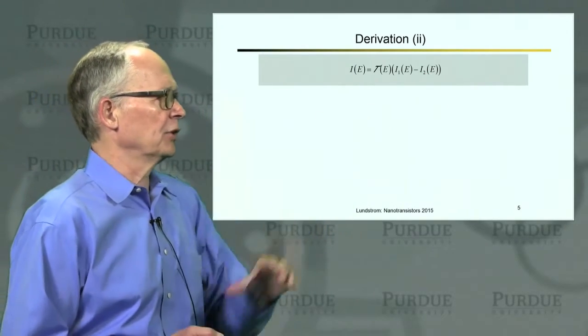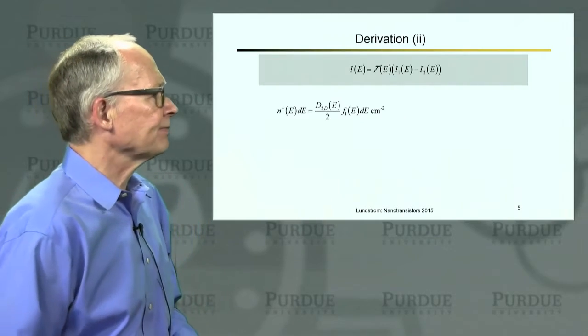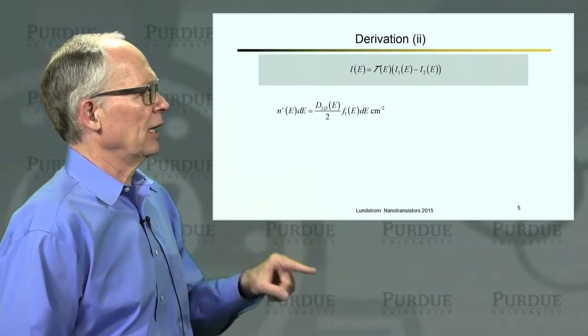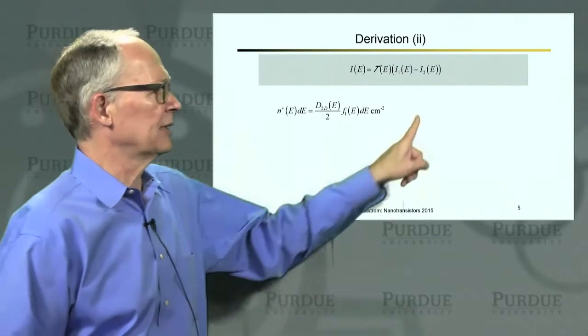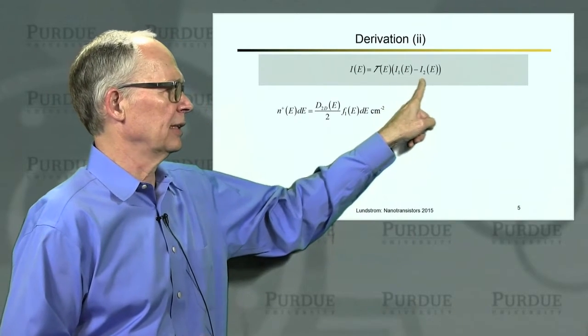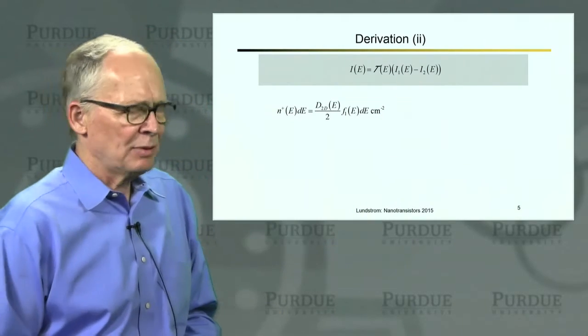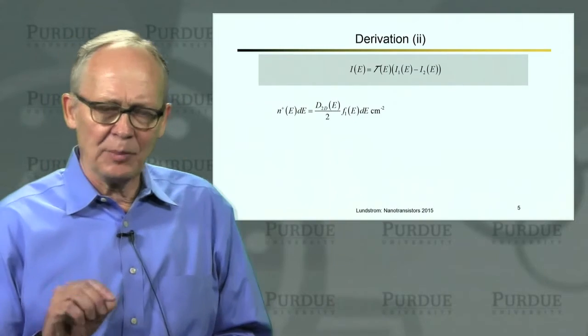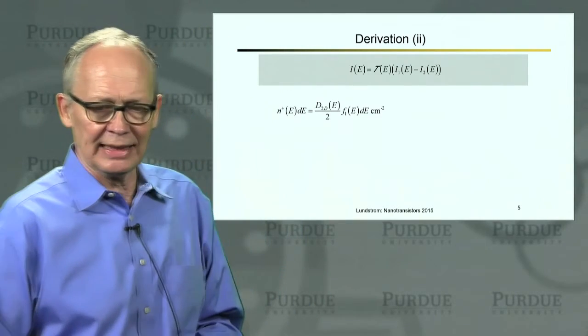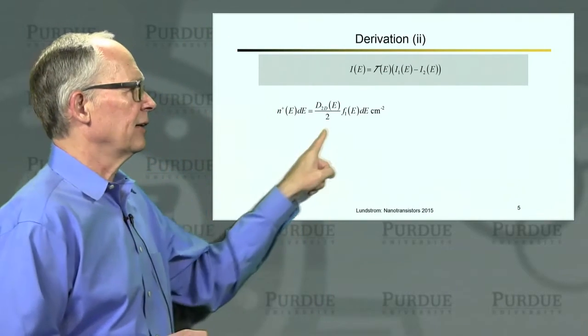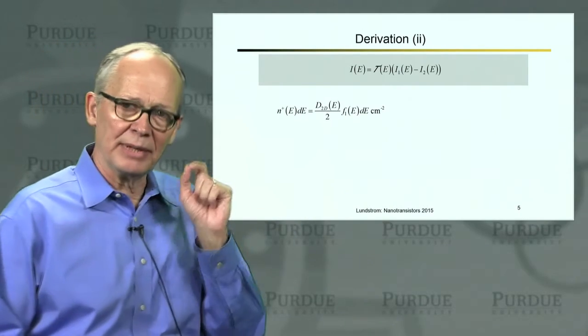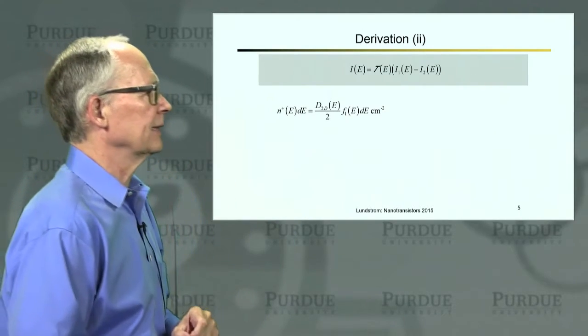This is what we have for the current at any energy. Now, if I try to look a little more carefully at what these currents consist of, let me first of all look at how many electrons I have with a positive velocity. So the electrons that are injected from contact 1 come into the device with a positive velocity.